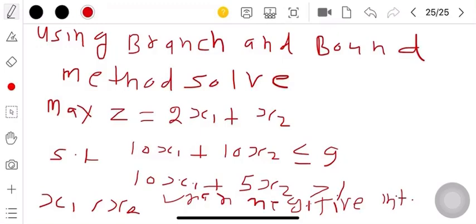So you have to solve this problem using the branch and bound method. This is similar to the previous problem. So this is one problem that you need to solve.